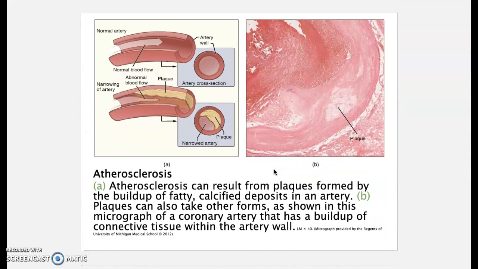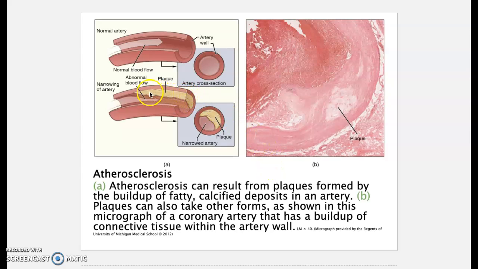The endothelium releases chemicals that can constrict the smooth muscle within the walls of the vessels to increase blood pressure. But overproduction of this chemical, endothelins, may contribute to hypertension and cardiovascular disease. Atherosclerosis is an example that can result from the buildup of fatty calcified deposits in an artery.